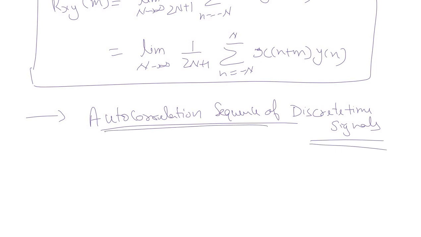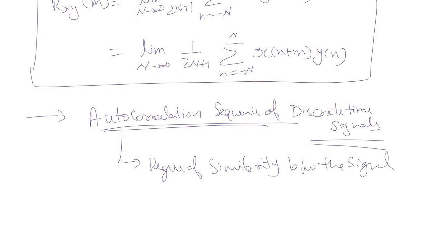Autocorrelation means that we aim to find out the degree of similarity between the signal and the time shifted version of itself.